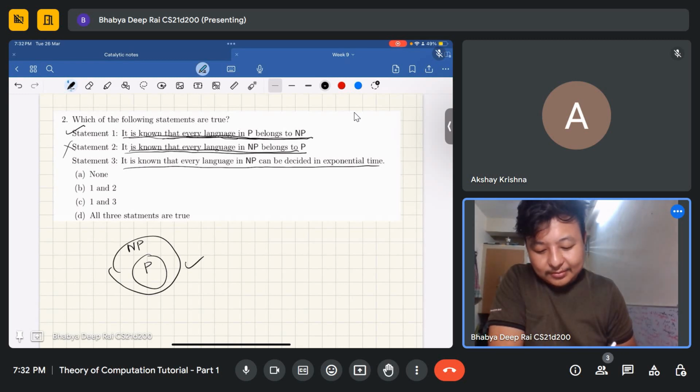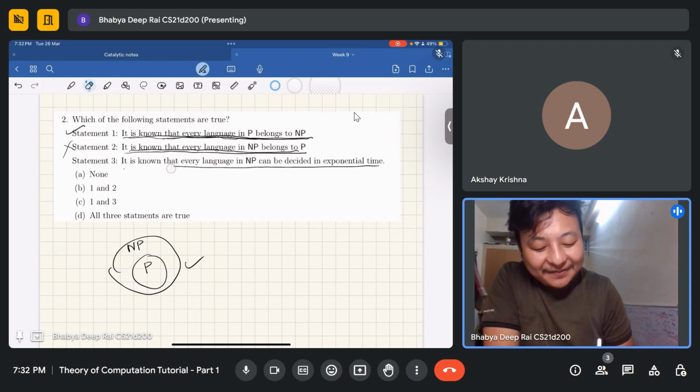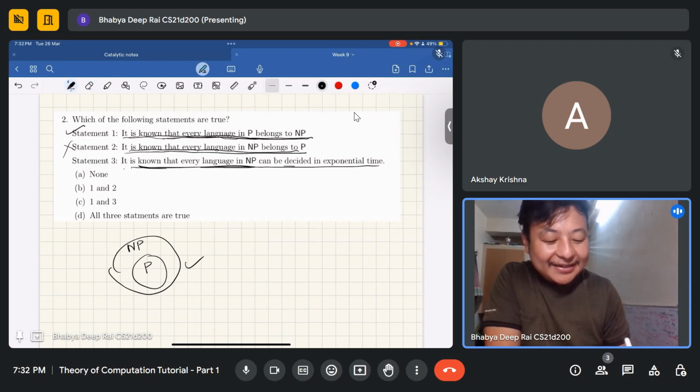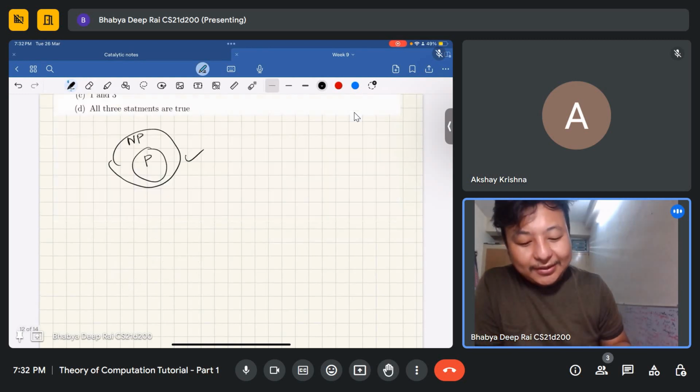So we are only left with statement 3 as a possibility, but we'll still look at it. It is known that every language in NP can be decided in exponential time. By exponential time, I mean deterministic exponential time. And this is actually true.